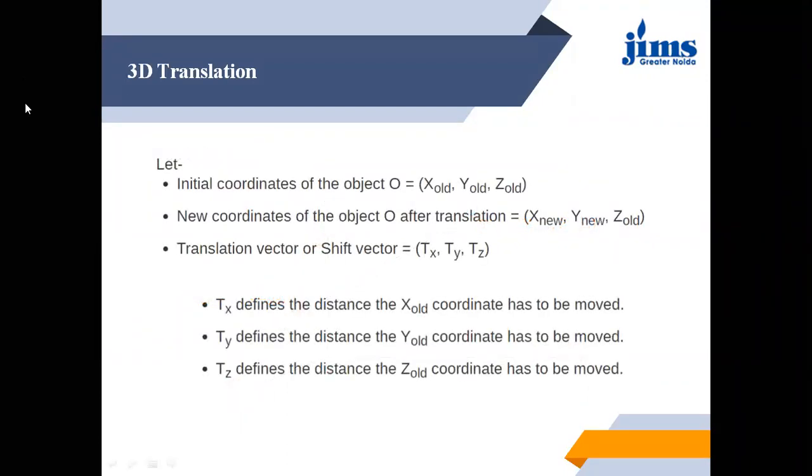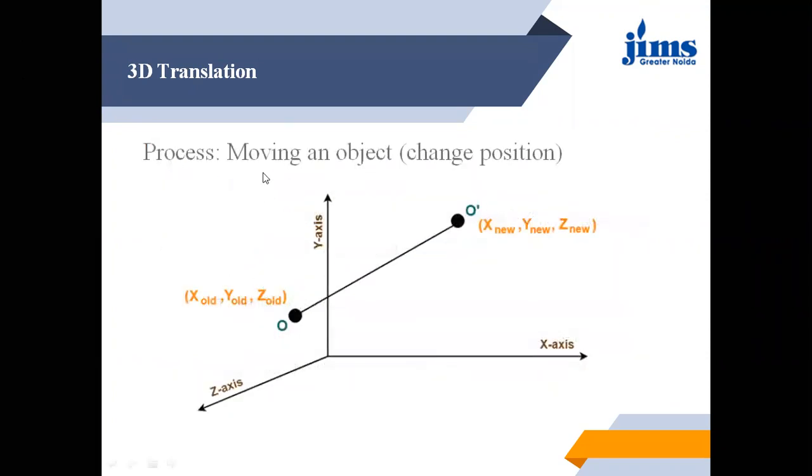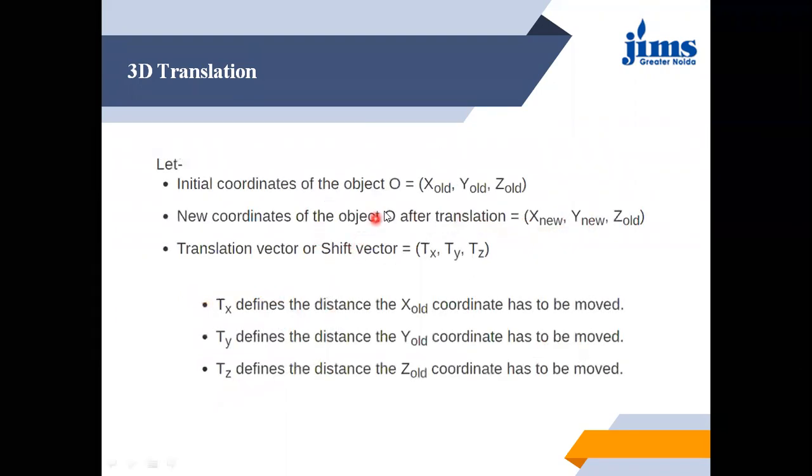As I told you in the last slide, suppose we have an object O where the coordinates are x, y, z old.